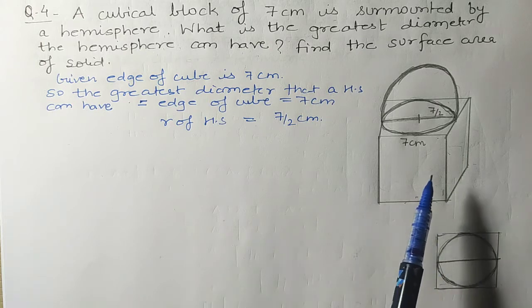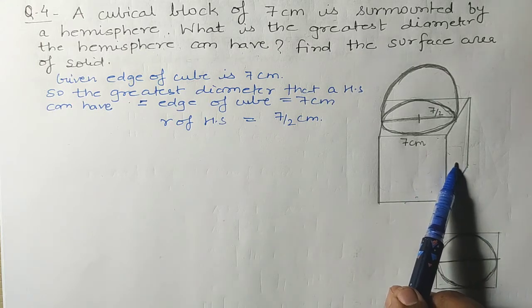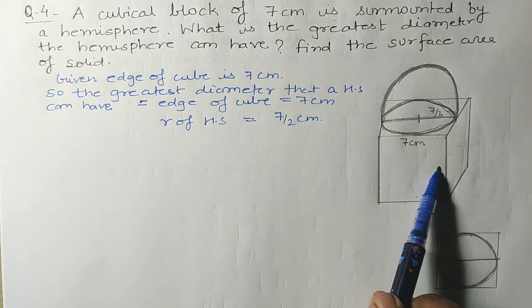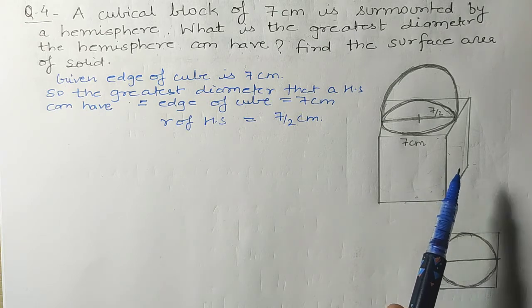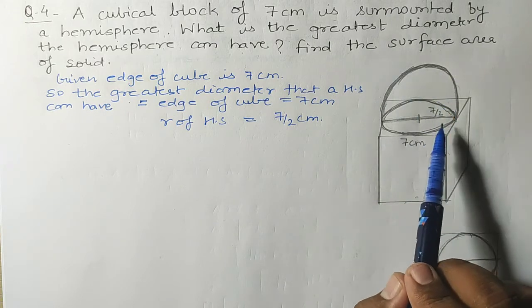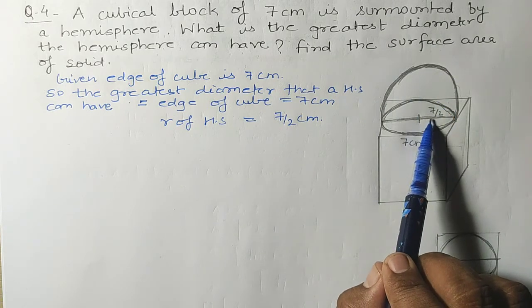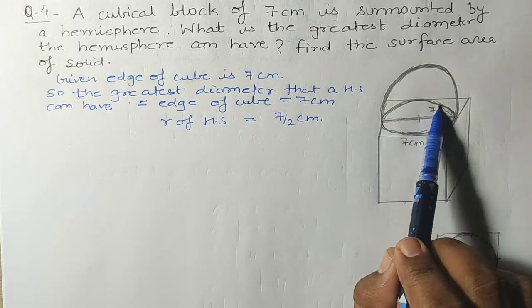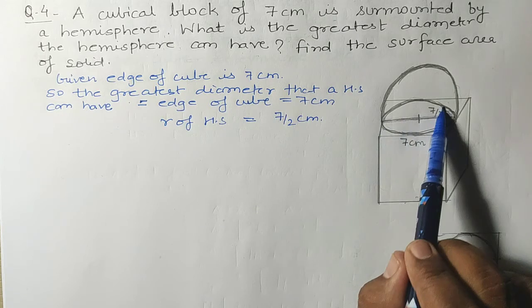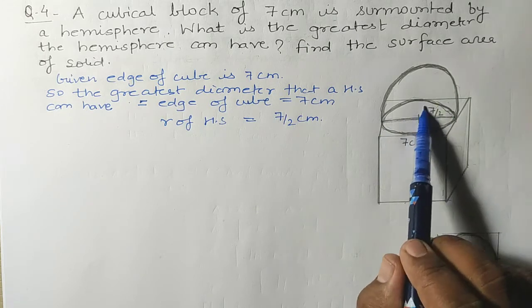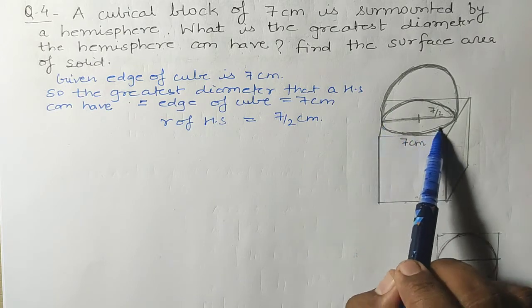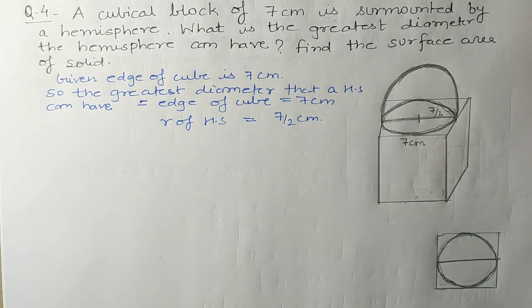We will add 6 into a square, that is the surface area of the cube, plus 2 pi r square, that is the curved surface area of the hemisphere. But there is a circle, which means this part is hollow. So we have to subtract this area, meaning the area of the circle.